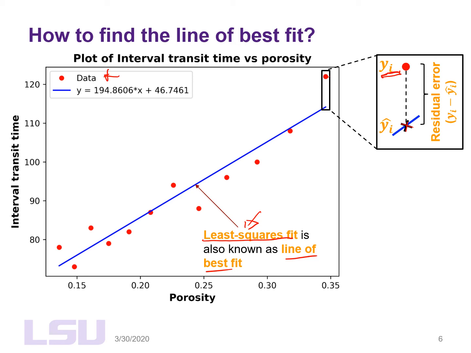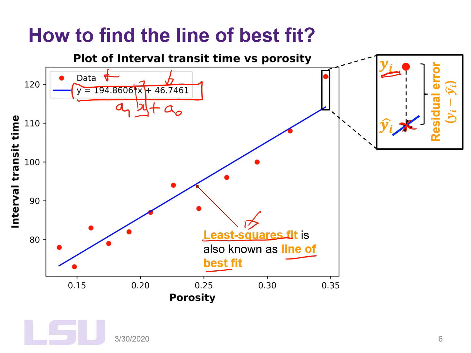Y sub i hat is the value you get from the model, meaning when you use this equation of a straight line, you see that this is the equation of a straight line, right? So this is A1, x is the same, right? Plus A0, so intercept is 46, slope is 194.